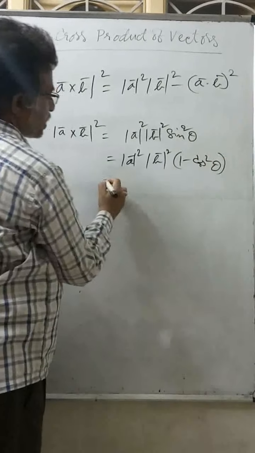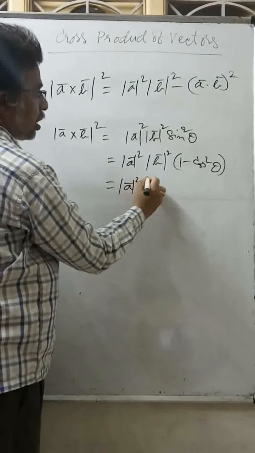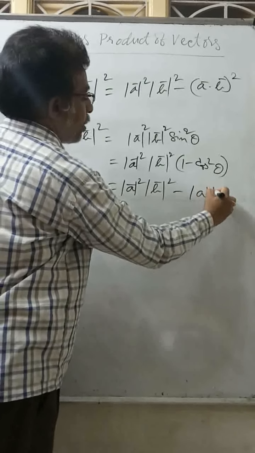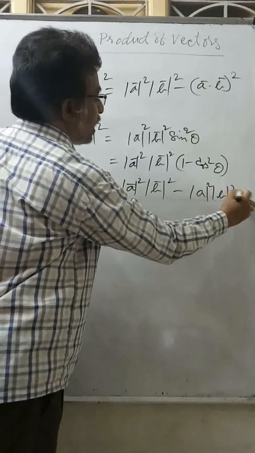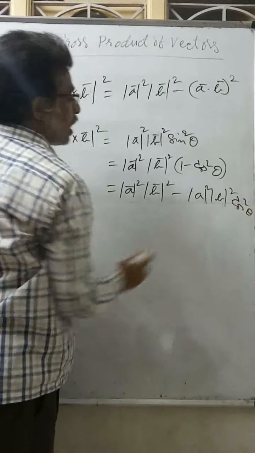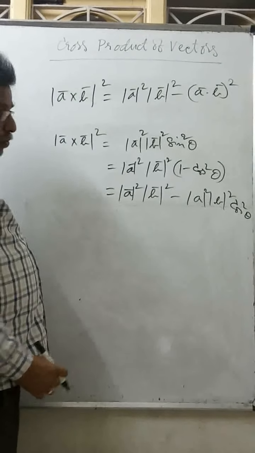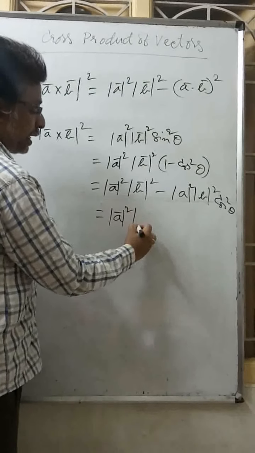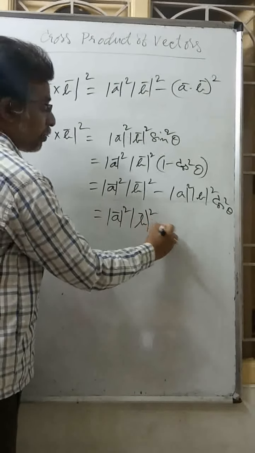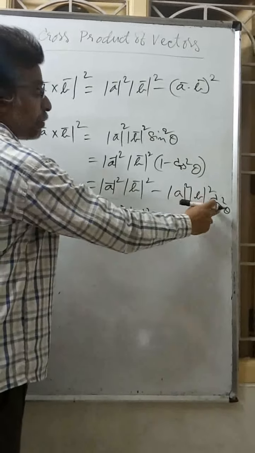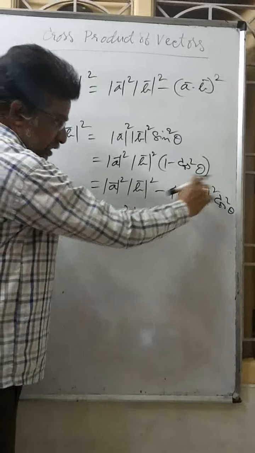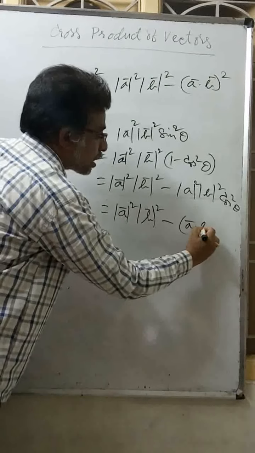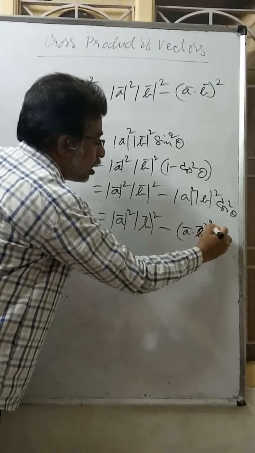Now this becomes mod a square mod b square minus mod a square mod b square into cos square theta. Since a dot b is mod a mod b cos theta, this is a dot b whole square. So mod a square mod b square minus a dot b whole square.